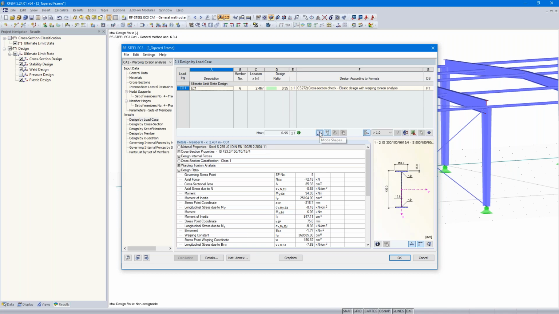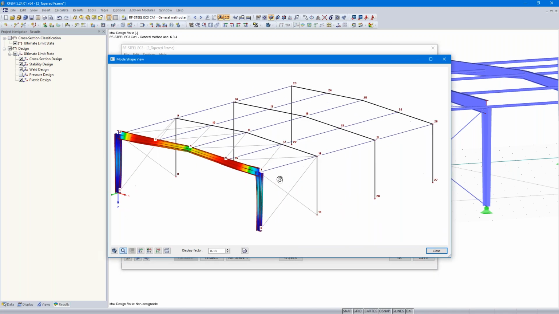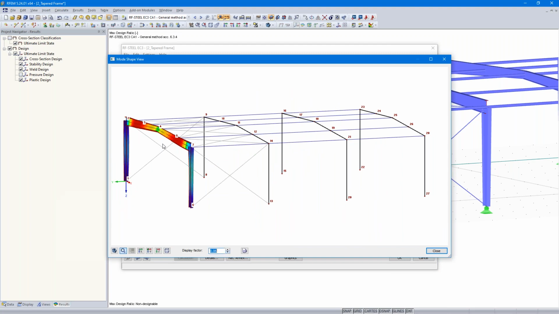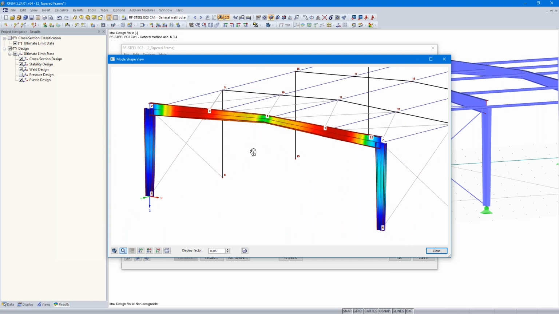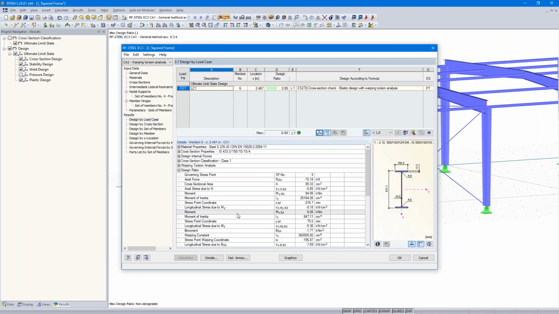Let's take a look at the mode shape. Similar mode shape as for the other methods, but now with double bending. Okay.